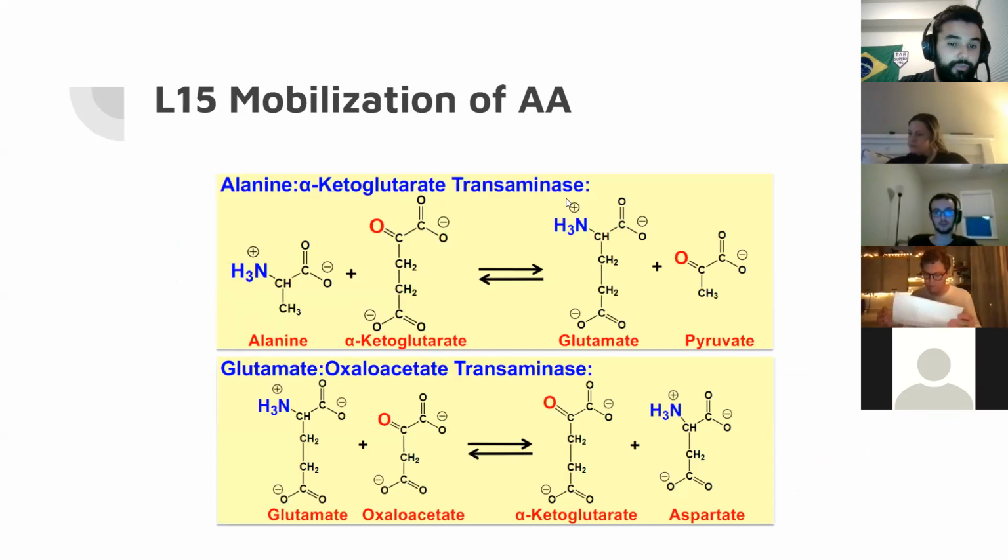Then we can form glutamate, which is the amino acid of alpha-ketoglutarate, or pyruvate, which is the keto acid of alanine. It's just switching around this amine group. The amine group of alanine is transferred to the alpha-ketoglutarate, and then the alpha-ketoglutarate becomes glutamate.